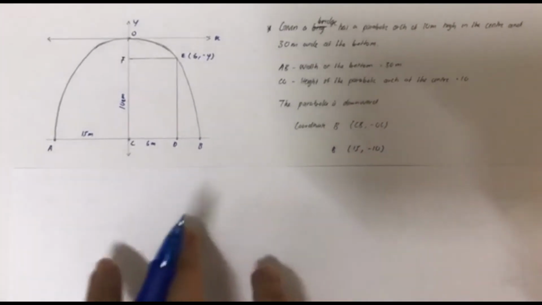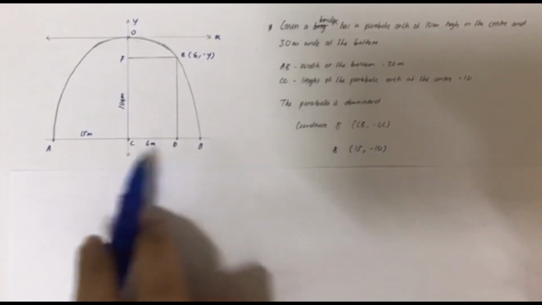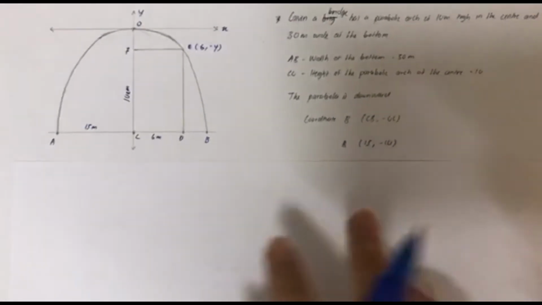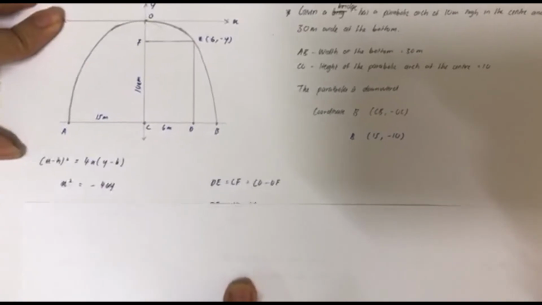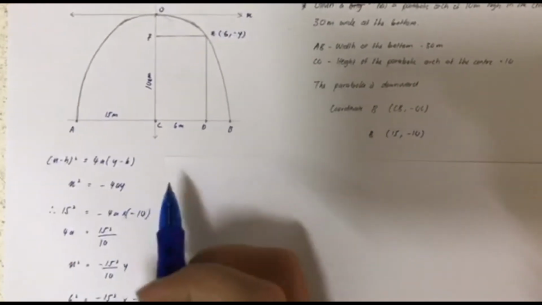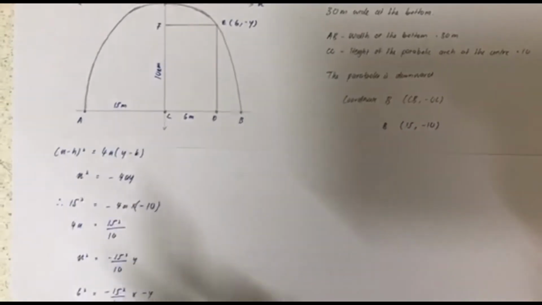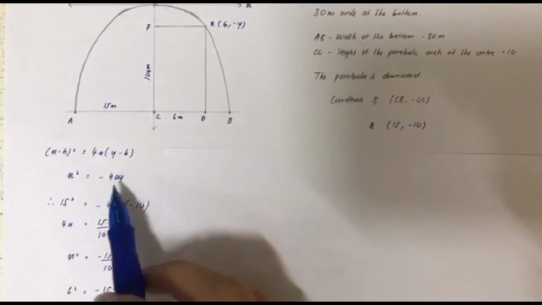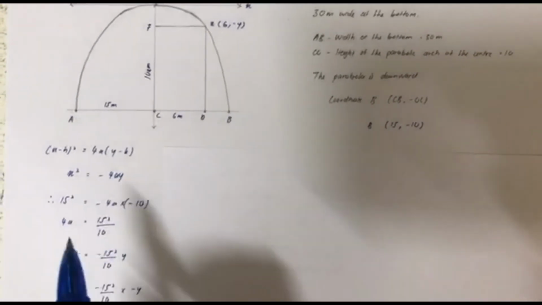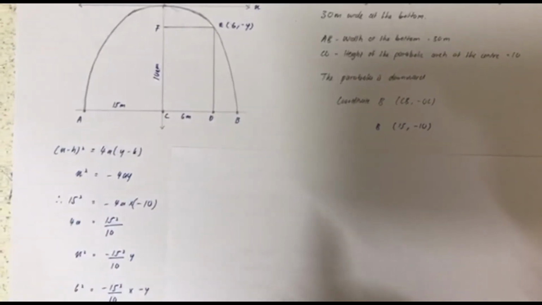Let's go. Here to here is 30 meters on the equation, and here to here is 10 meters. So this is the standard form. We simplify it, we get this, and we substitute the values given in the equation.